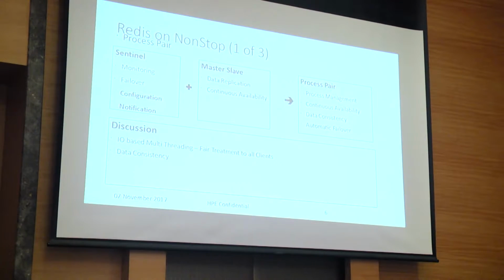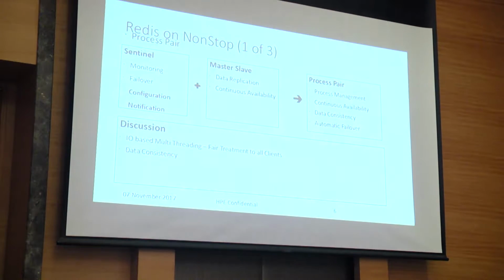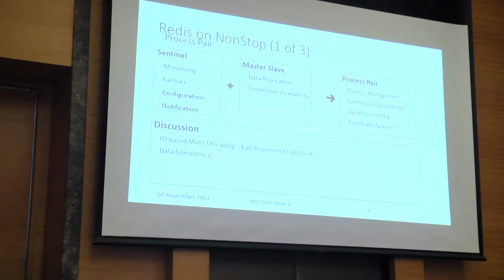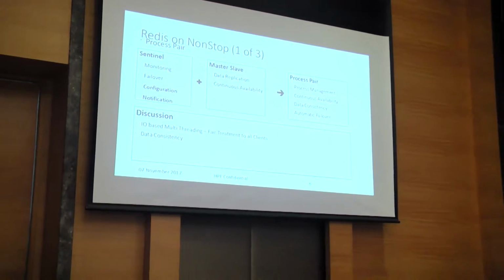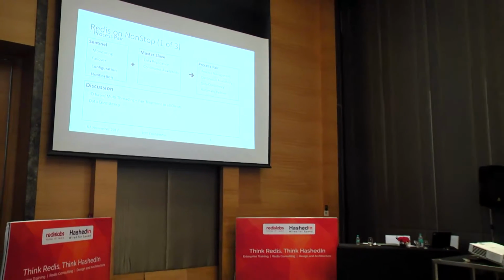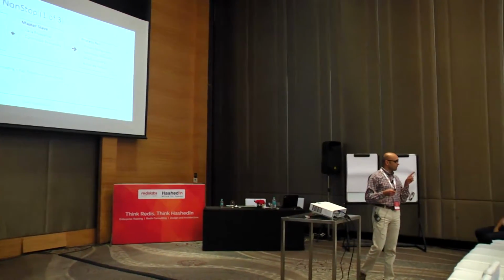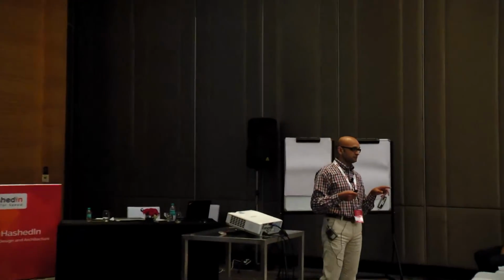A process pair is nothing but, at any given time, an instance of Redis comprises 2 processes, one a primary and a backup. It is very similar to master-slave, but it has a lot of platform-specific technologies built in. If you bring down a CPU where the master is running, the slave automatically takes over. More importantly, we guarantee 100% data consistency.